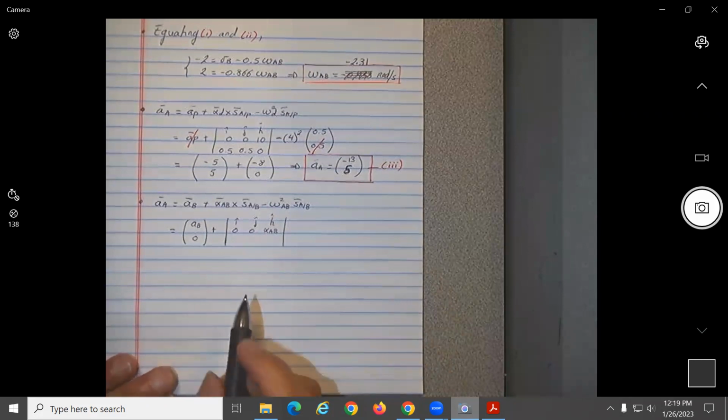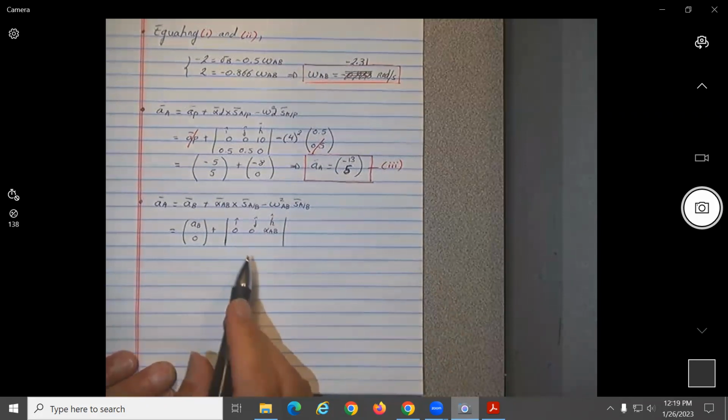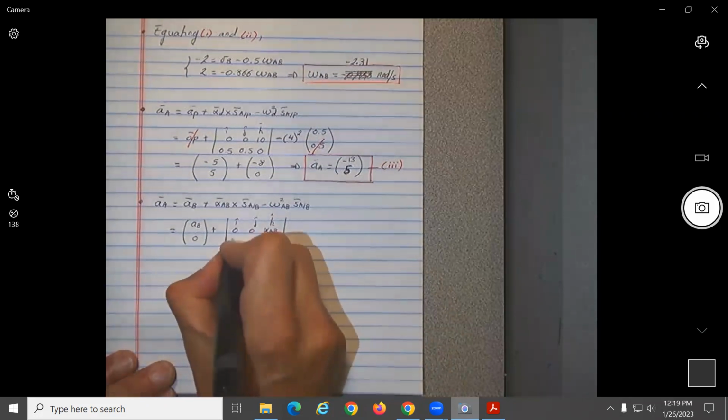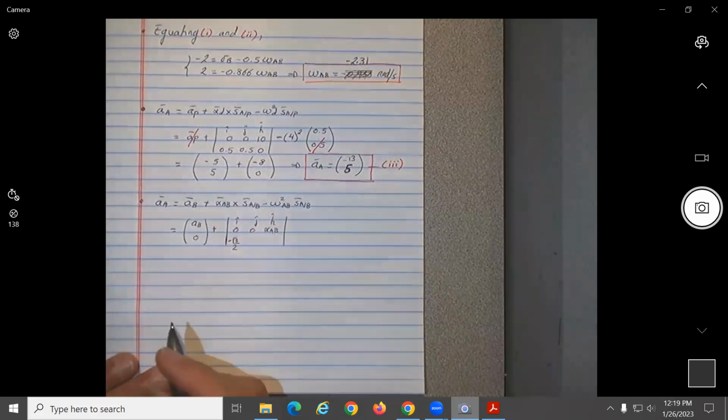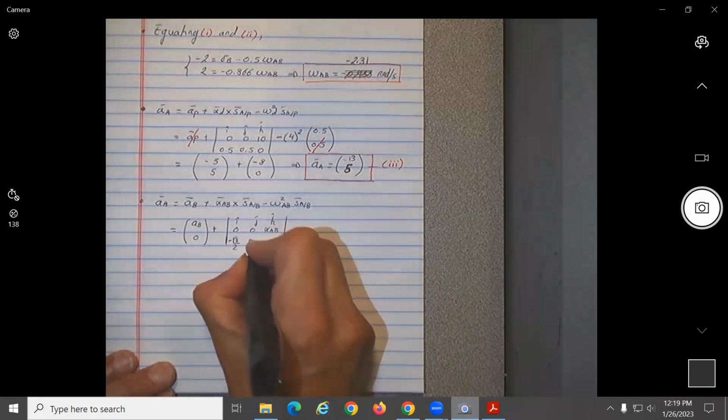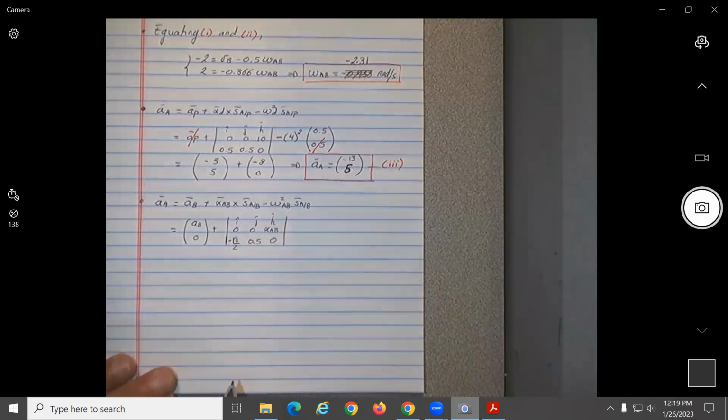And the position of A with respect to B is negative square root of 3 over 2. Again, I use that one in the equation because it's shorter than negative 0.866. And here 0.5 and 0.